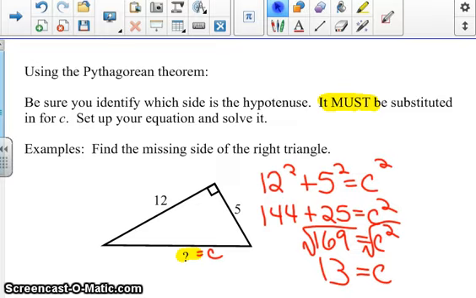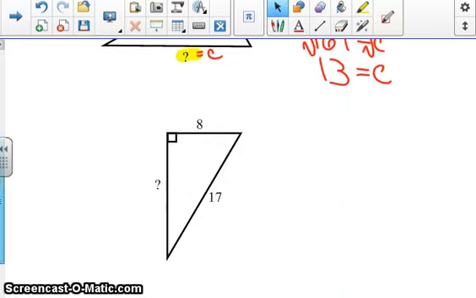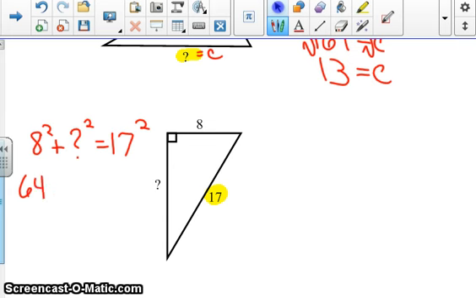Now look at the next example. In our next example, again, I always identify C first, and it was 17. So when I set up my equation this time, it's going to say 8 squared plus, I could call this A or B, I'm just going to call it question mark squared equals 17 squared, or 64 plus question mark squared equals 289.